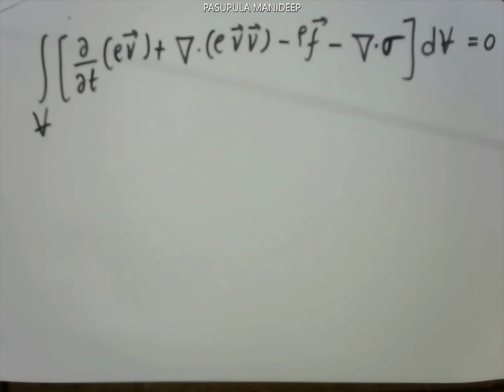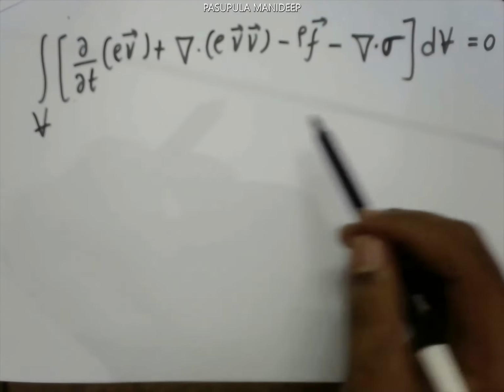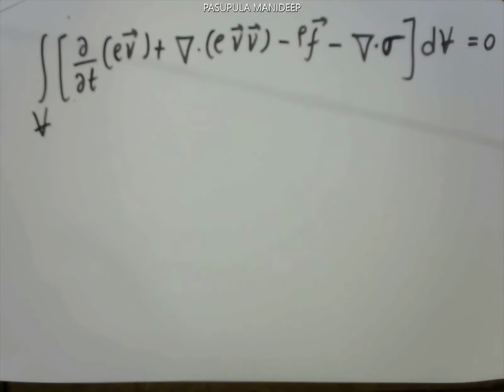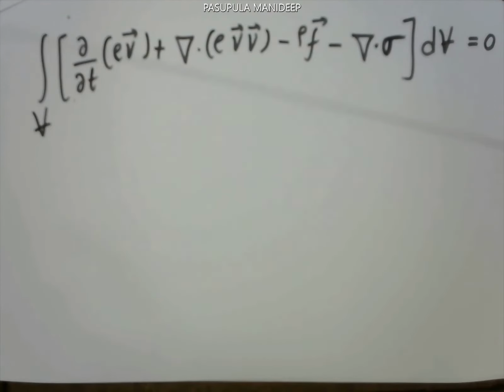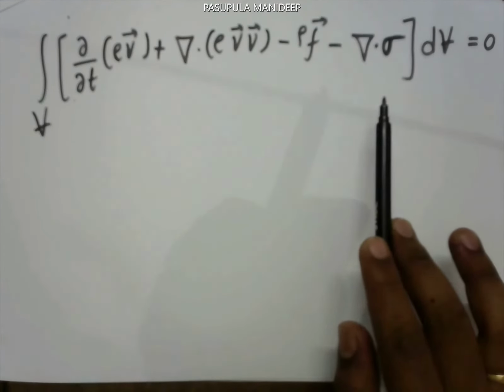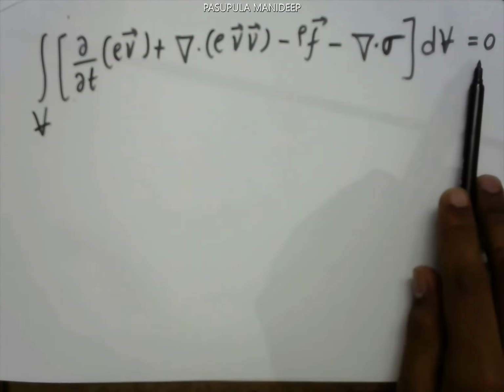Now we chose our control volume arbitrarily, right? The integrand is a vector function of position. If it is non-zero at any location in the fluid, then the control volume can be selected such that this expression can be non-zero.